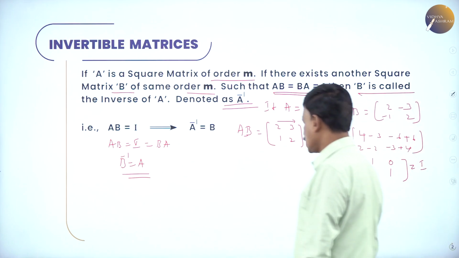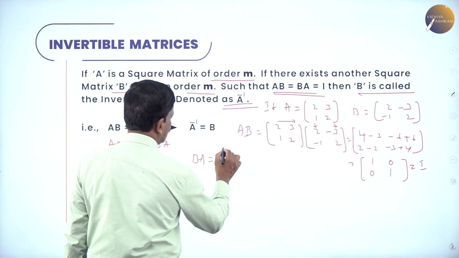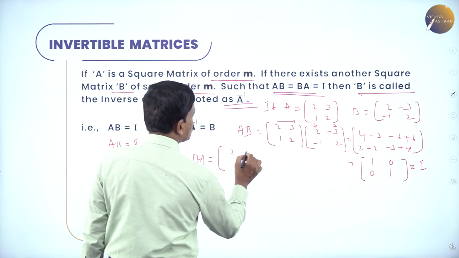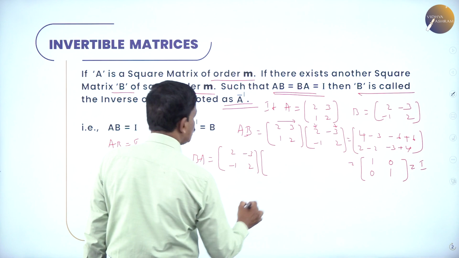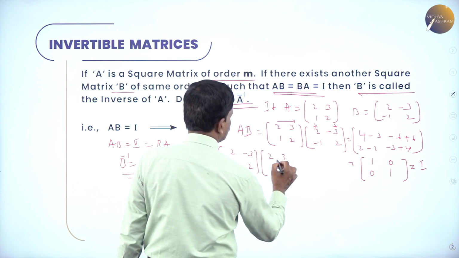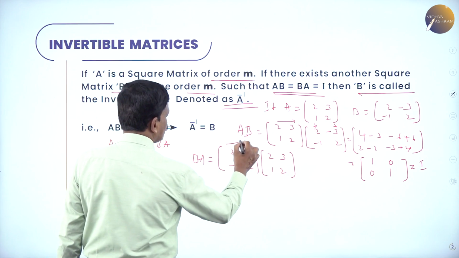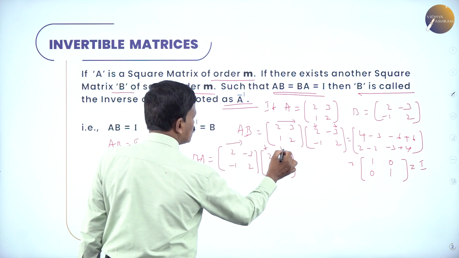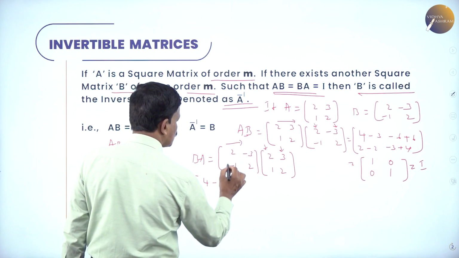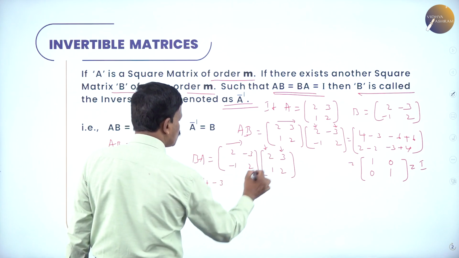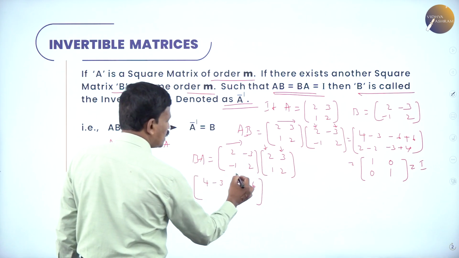Now similarly, let us multiply B and A, B into A. Let us take B first, that is 2, minus 3, minus 1 and 2 into A, where A is 2, 3, 1, 2. Matrix multiplication: first row, first column, 2 into 2 is 4, minus 3 into 1 is minus 3. Same row, second column: 2 into 3 is 6, minus 3 into 2 is minus 6.